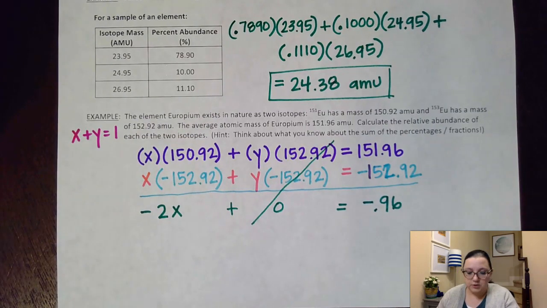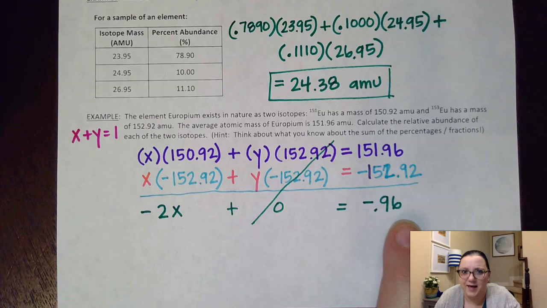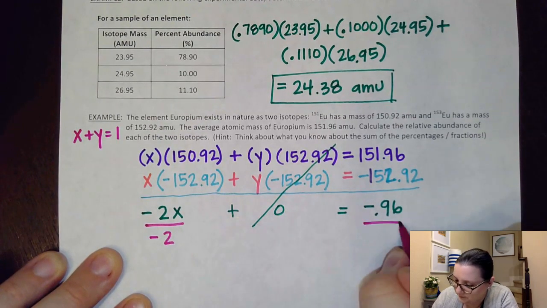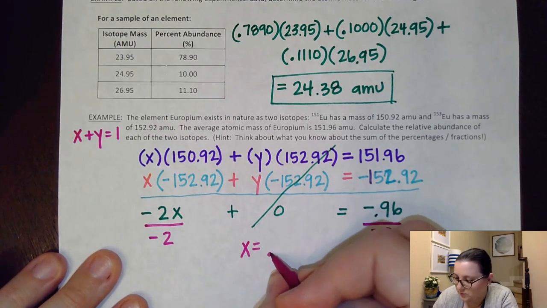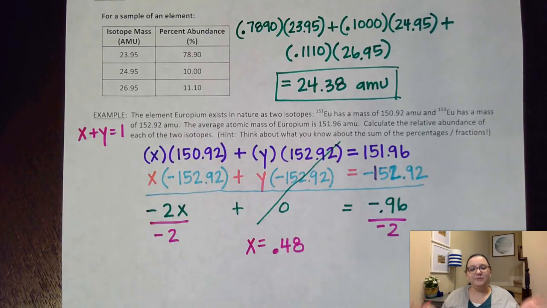Next, I've got negative 2x equals negative 0.96. I just want to solve for x, so I'm going to divide both sides by negative 2. And I end up getting that x is equal to 0.48. So there's our fraction for x. Now I'm going to use my noggin here.